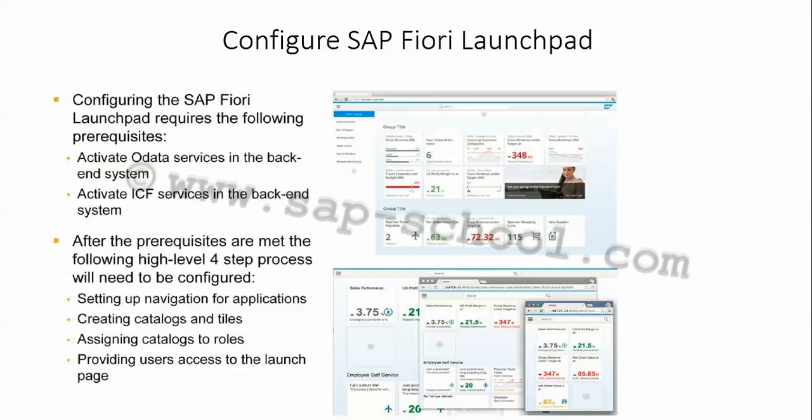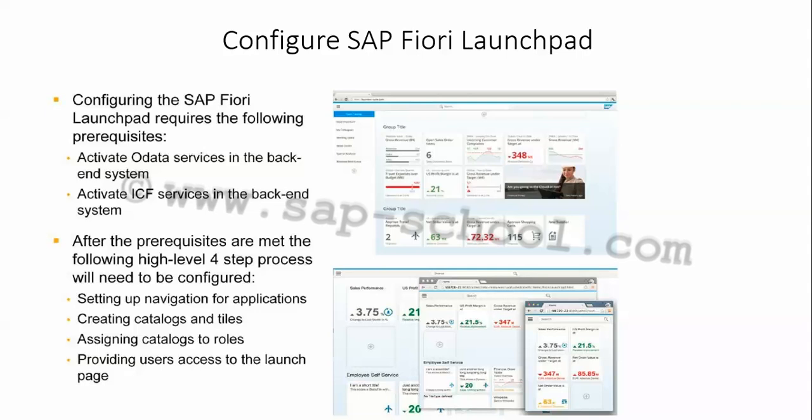In this slide we can see that we are in the SPRO transaction, so we traverse the path: SAP NetWeaver, then under Gateway we go to OData Channel, then under Administration we go to Activate and Maintain Services. Once we are there, we will be able to see all these services which are there for my Fiori Launchpad.